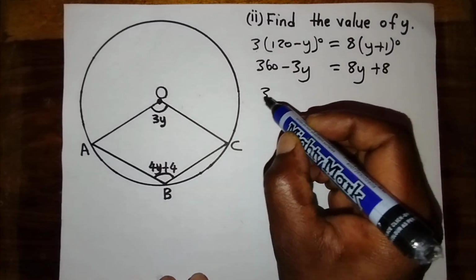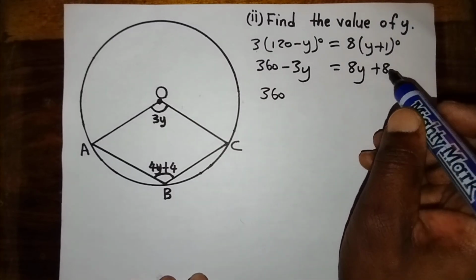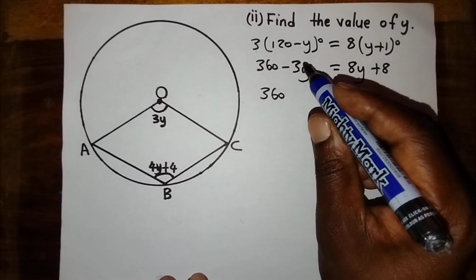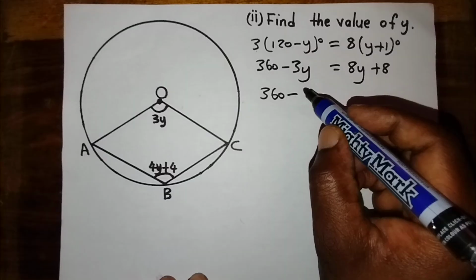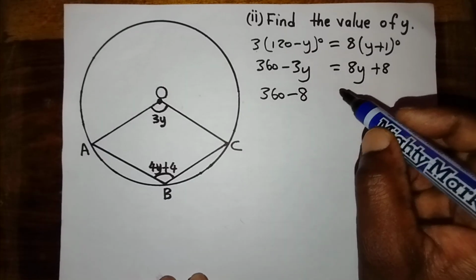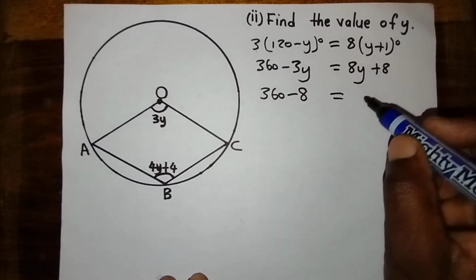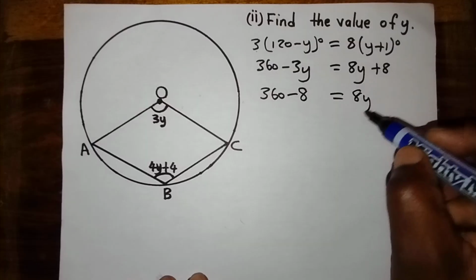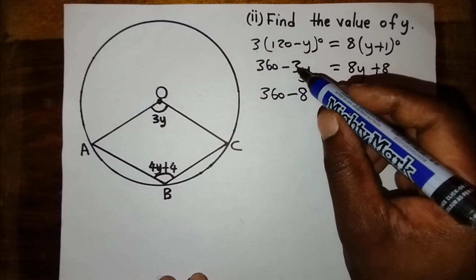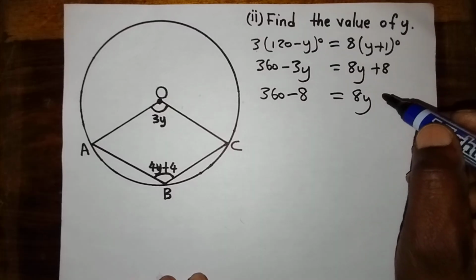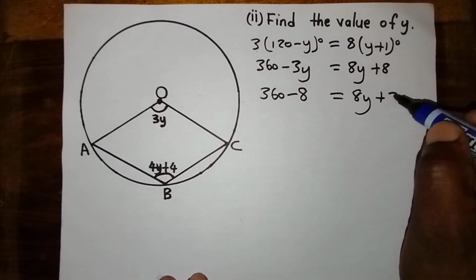So that's 360. This 8, when it crosses to the left hand side, gets a negative sign. So it's 360 minus 8 equals 8y plus this 3y. When it is switched to the other side, it becomes positive 3y.